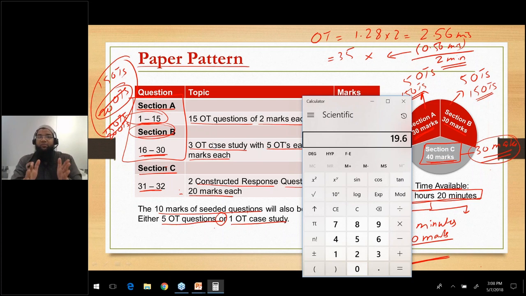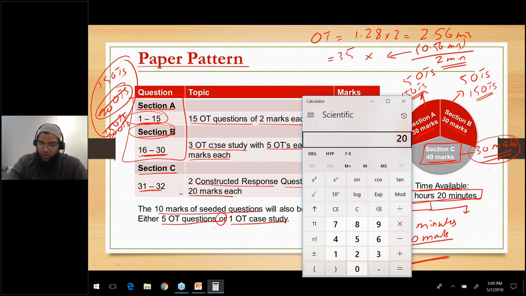Now these 20 minutes will be used in constructed response questions, the CR questions. In CR questions, you have 20 marks into 1.28, so that will become 25 minutes for a CR question, plus you have saved 10 minutes in the MCQs. So you will have a total of 35.6 minutes.